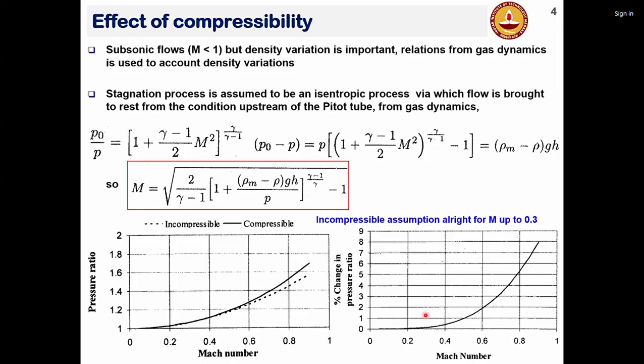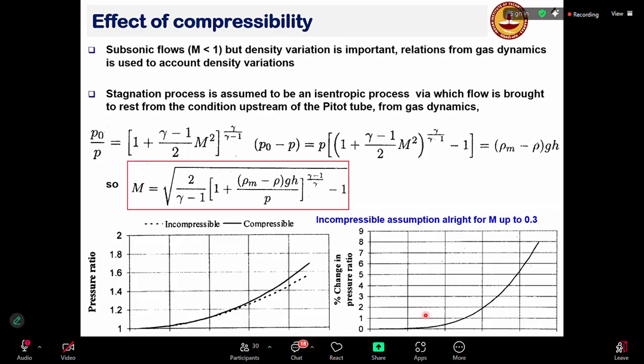Now, in situations where the flow is subsonic, that means Mach number is less than 1, but greater than 0.3, in this range, although it is subsonic flow, the density variations are going to be significant. And there are relations from gas dynamics which can be used to relate the pressures in such kind of compressible flow.